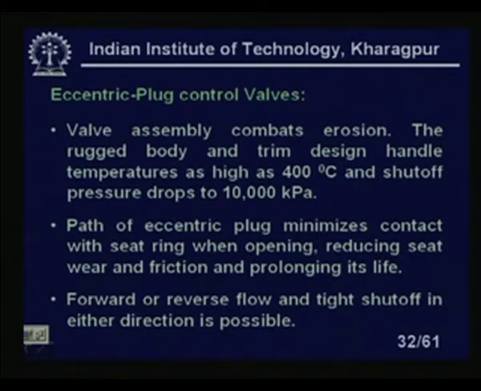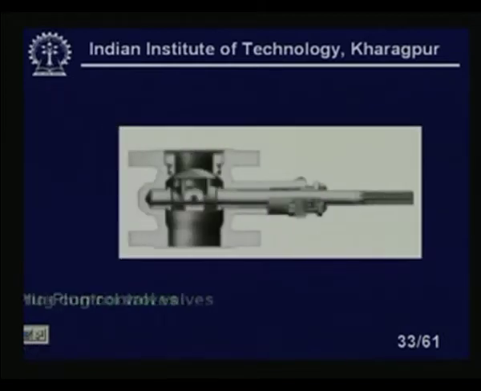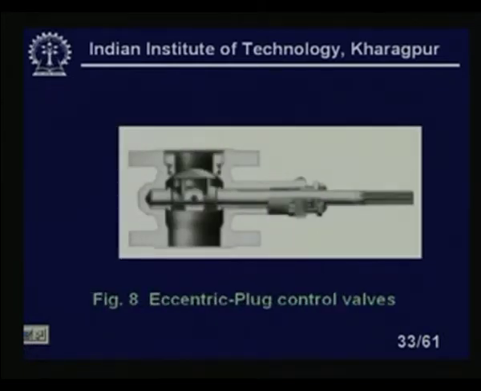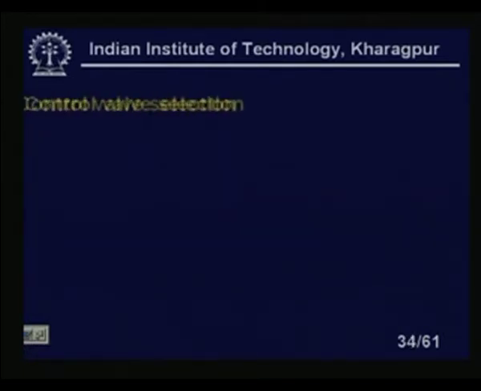Forward or reverse flow and tight shutoff in either direction is possible. Okay. So, this is a great advantage, though it is very uncommon in any process. Okay. Eccentric plug control valve, you can see here.